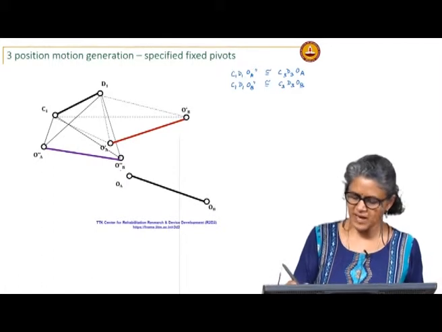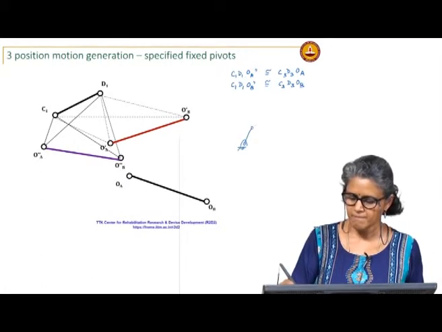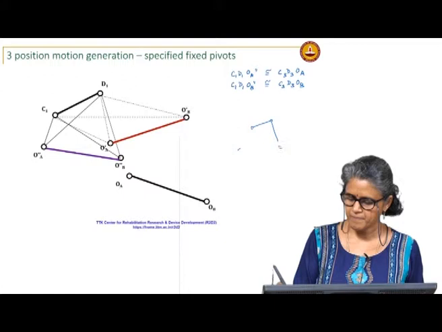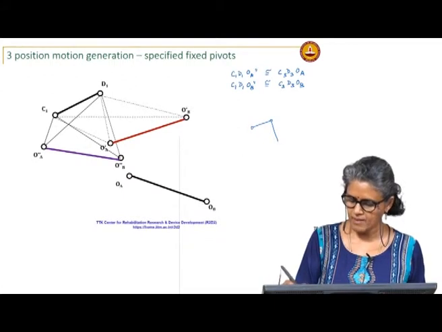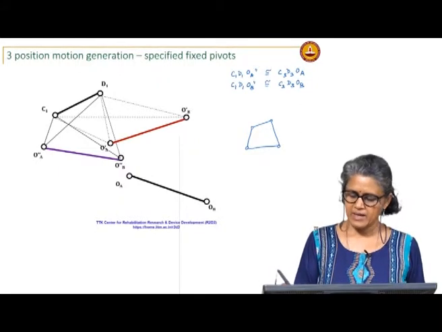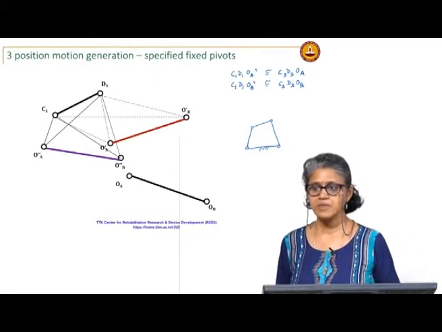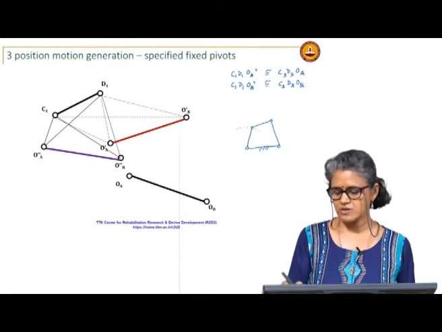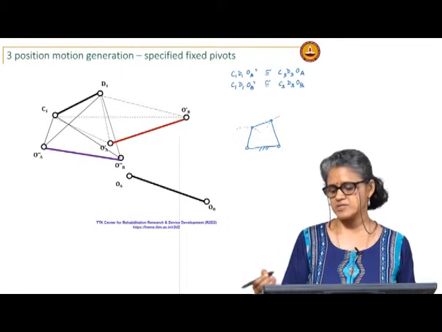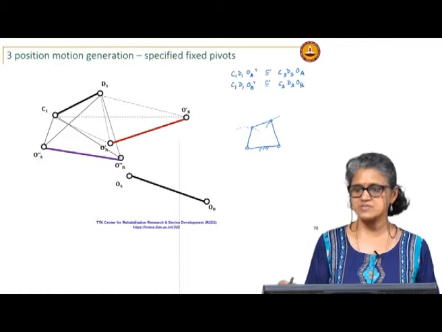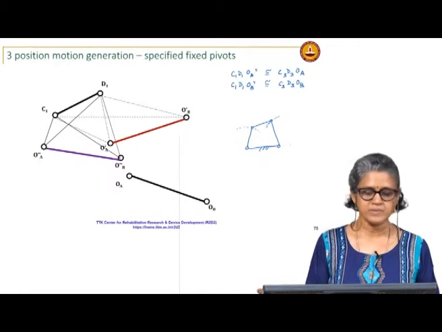Now, look at this, if I have a 4 bar, let me do this. If I have a 4 bar chain, if I fix this with respect to this is going to move, these two pivots are going to move in circular arcs about these points. Okay.